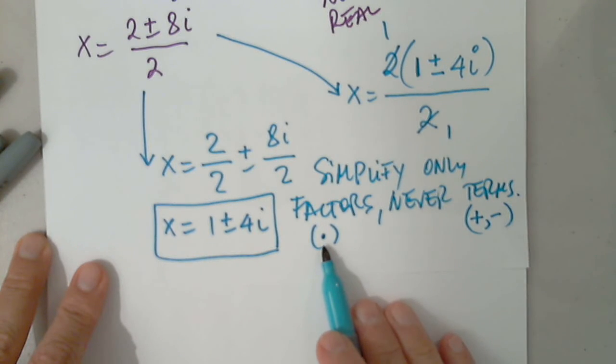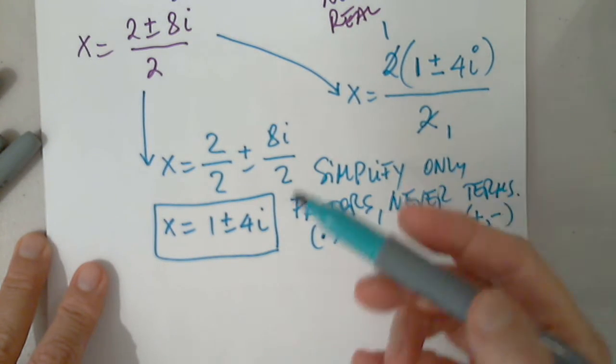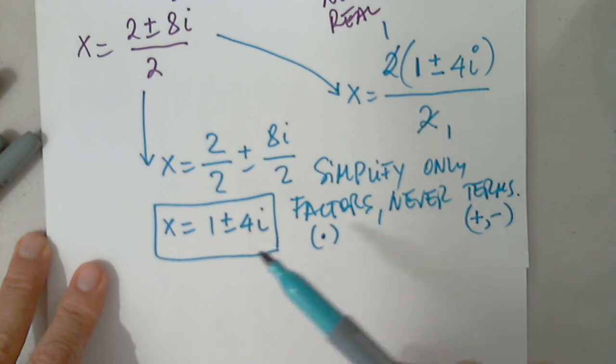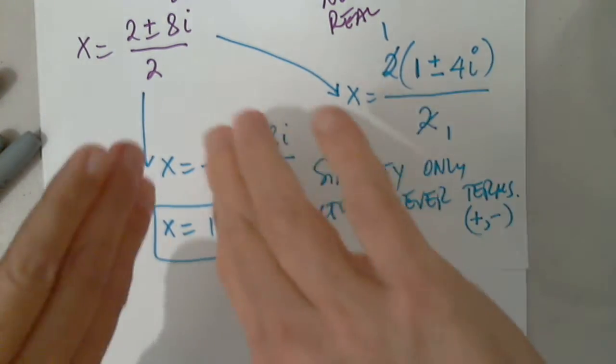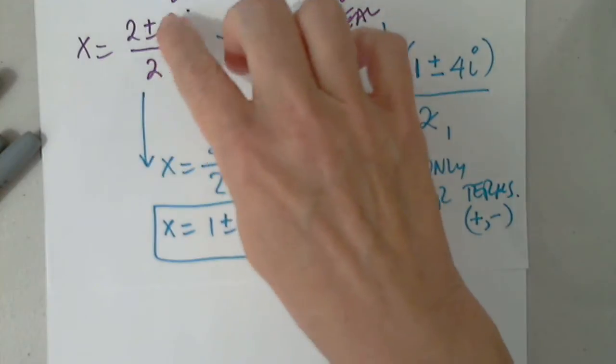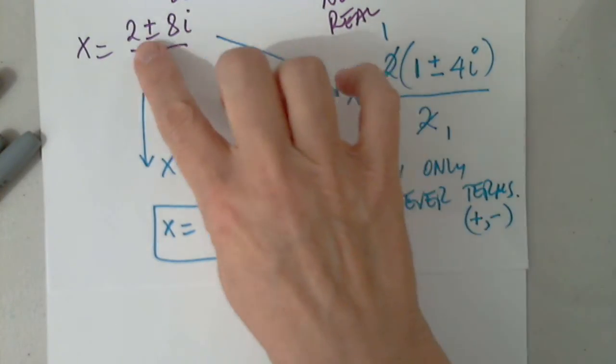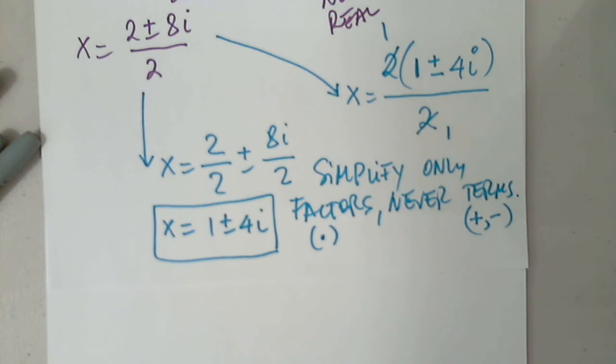Factors are quantities that are multiplied. So when I simplify, the final answer is still 1 plus or minus 4i. So two options: separate the fraction into two fractions, or factor out 2 from the top.